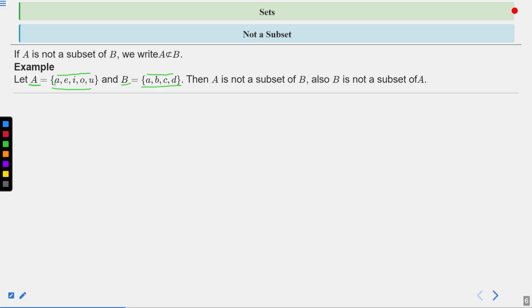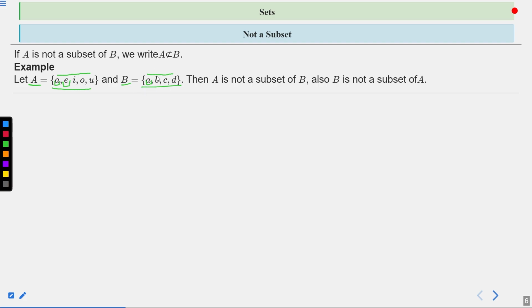Let's verify. So a belongs to A, a belongs to B also, okay. e belongs to A while e doesn't belong to B set. So not a subset. So A is not a subset of B. Now what about B to A?